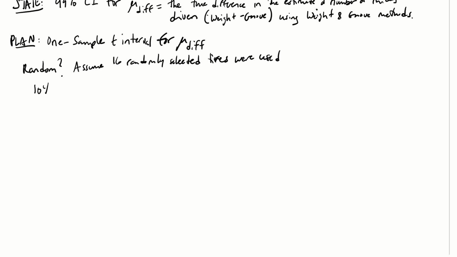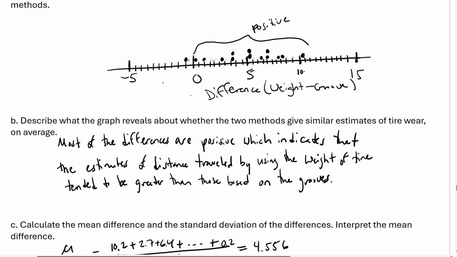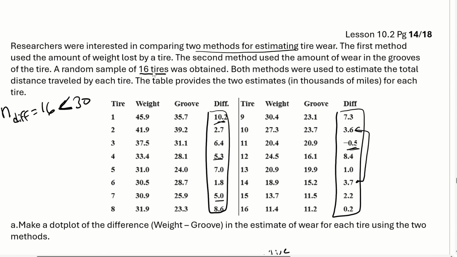And then the 10% condition, we're going to assume that 16 is less than 10% of all, in this case, if we look at the population, it says researchers were, okay, it's a random sample of 16 tires.